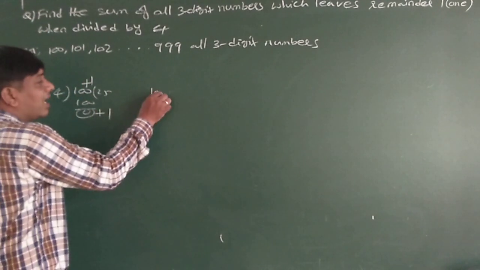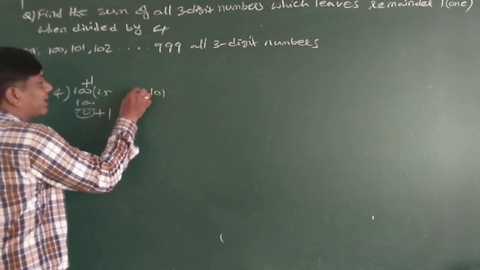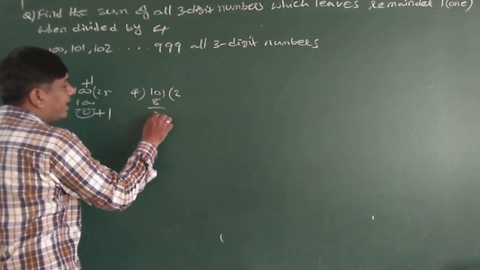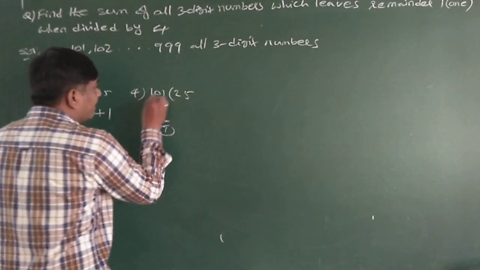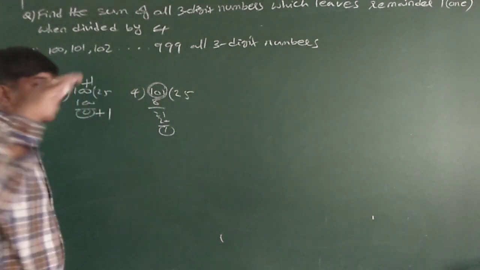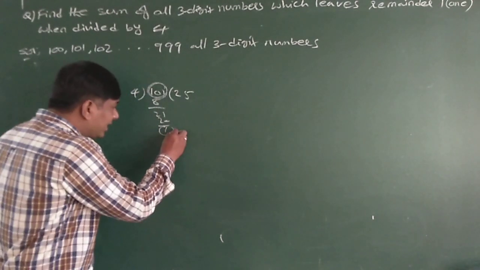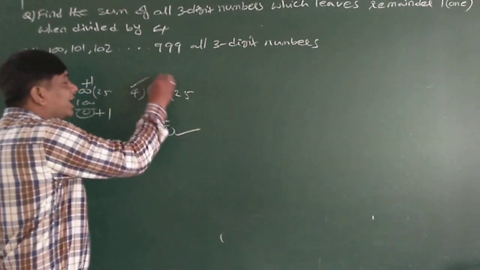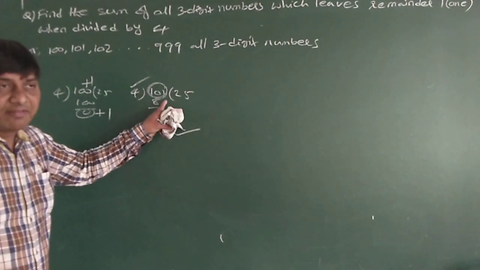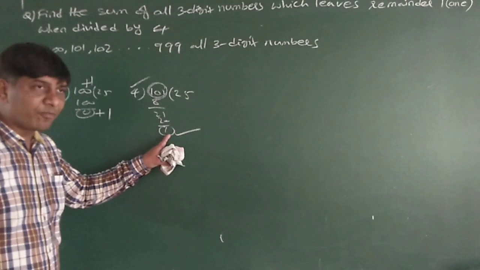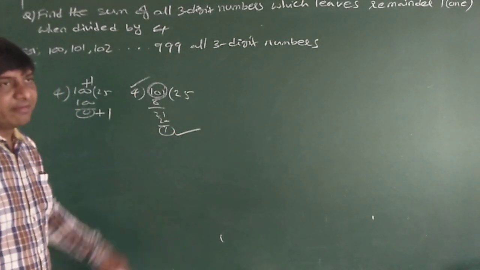That means 100 plus 1 is 101. Divide: 4 twos are 8, 4 fives are 20, remainder 1. So 101 is the first 3-digit number which leaves remainder 1 when divided by 4.